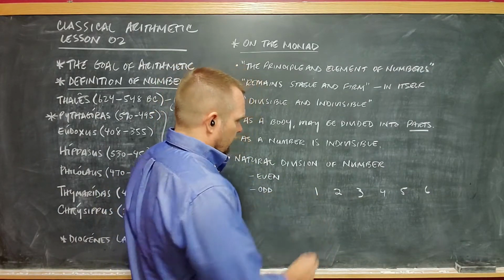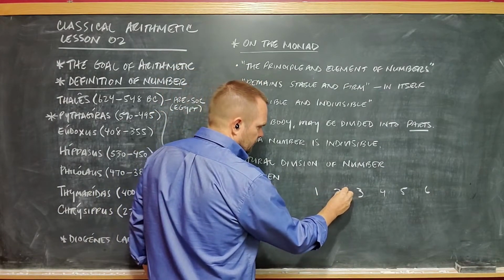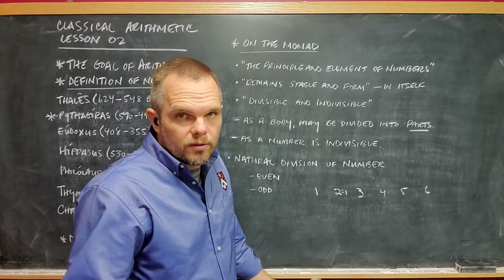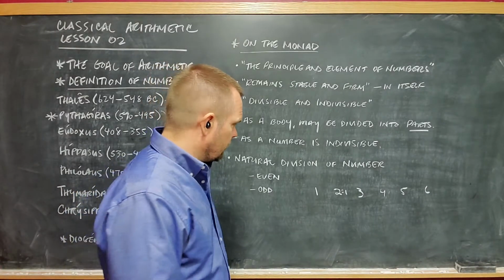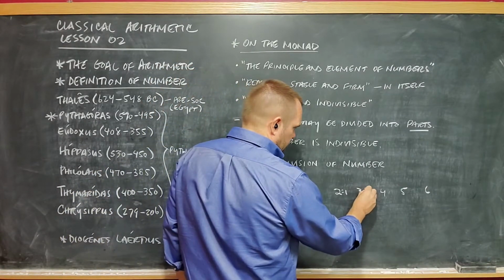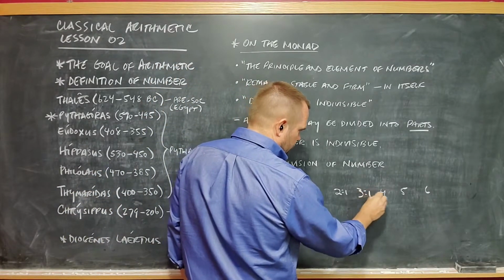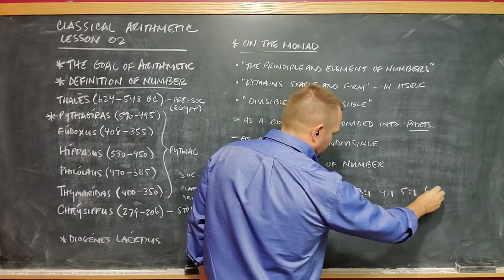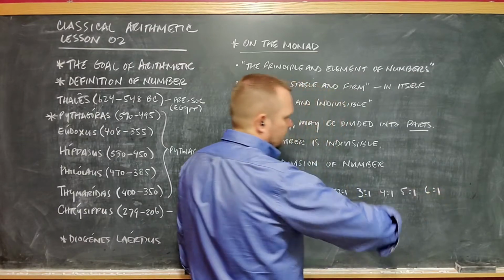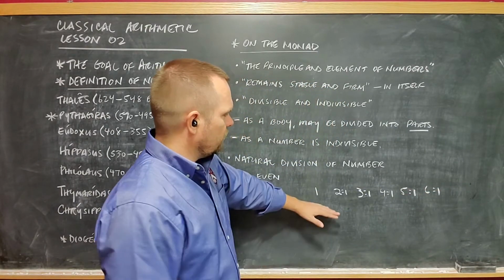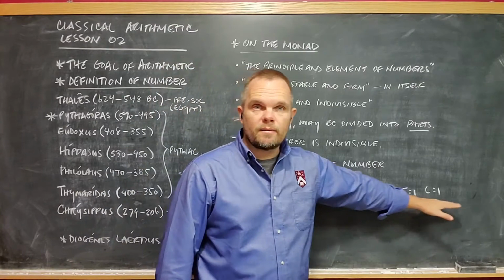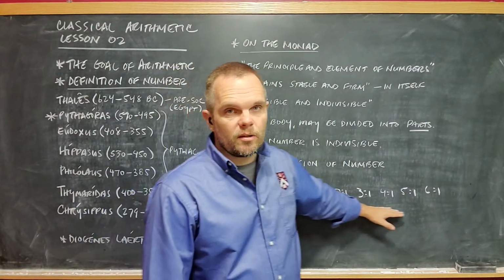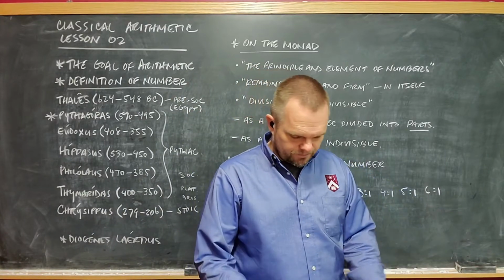So the number 2 can be thought of as a ratio 2 to 1. 2 to 1 and 2 express the same idea. 3 can also be thought of as 3 to 1, 4 as 4 to 1, 5 is 5 to 1, 6 is 6 to 1, and so on. So we can think of the numbers that express multitude as a series of ratios. All right?